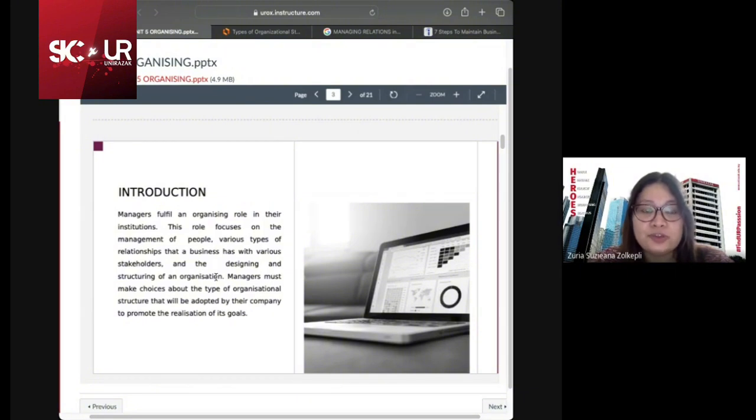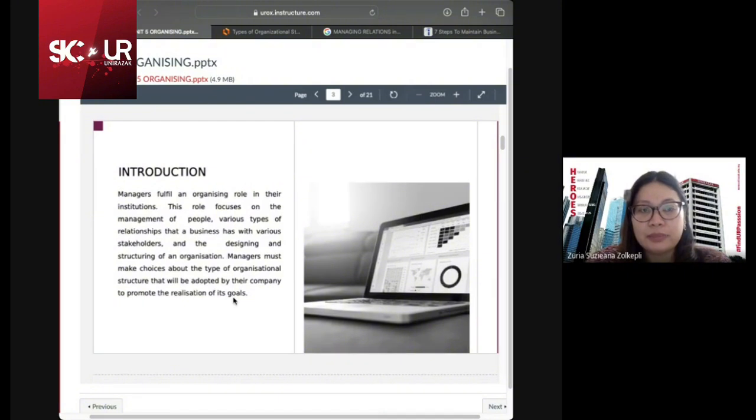Managers must make a choice about the type of organization structure appropriate to be adopted by their company to promote the realization of its goals. So this is what we are going to take a look at later when we cover the types of organization structure.